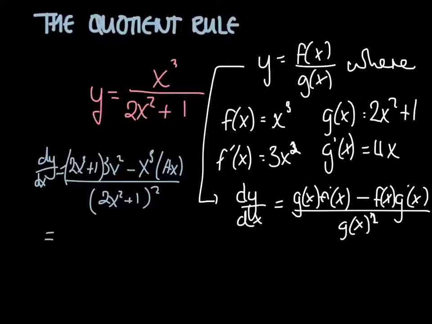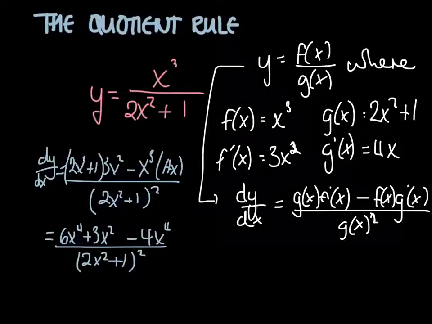Okay, we could do a little bit of a sort out, I think. We might not find that much that cancels, but we can still sort stuff out. So that will give me 6x to the power of 4 add 3x squared minus 4x to the power of 4. Not sure anything is going to cancel, but we'll keep going. That's 2x to the 4 add 3x squared over (2x squared add 1) all squared.